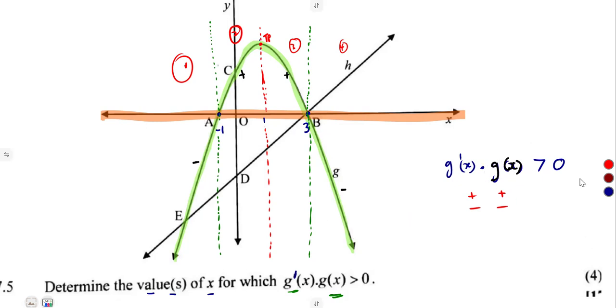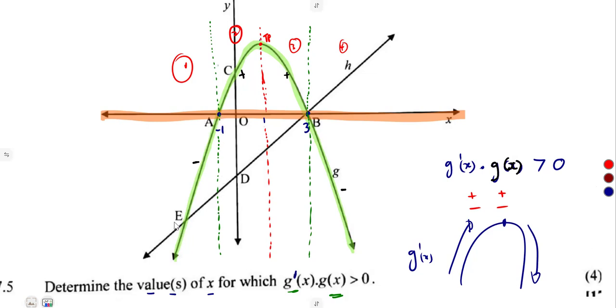Let's consider its derivative now, which is g prime of x. Remember, being positive is when you are going up, negative when you're going down. So that is how we measure it for the first derivative. So let's consider -1, as it is part of our effect.